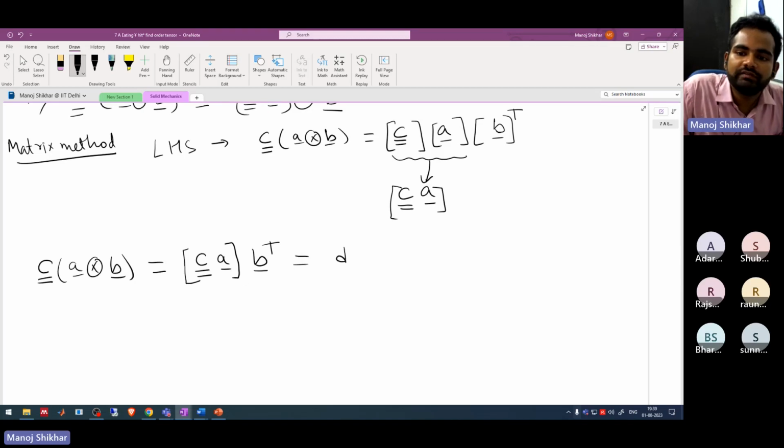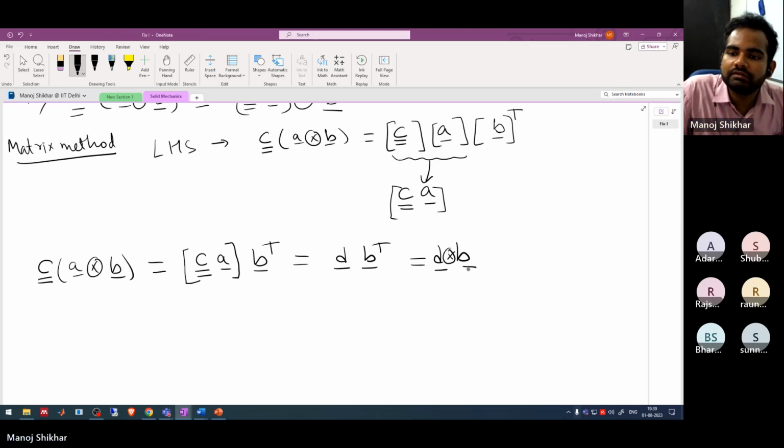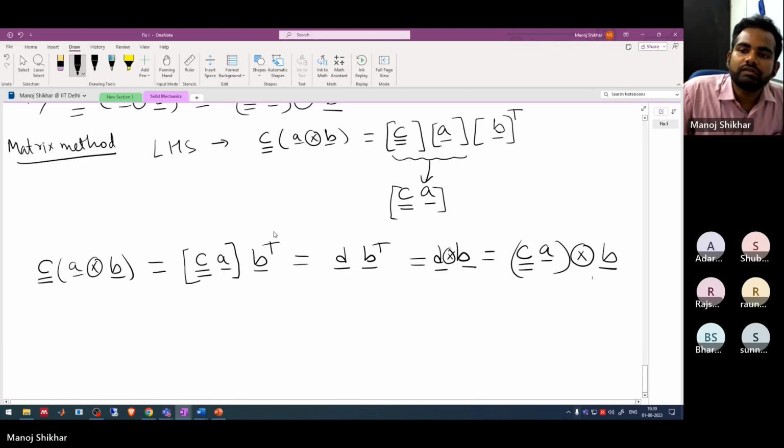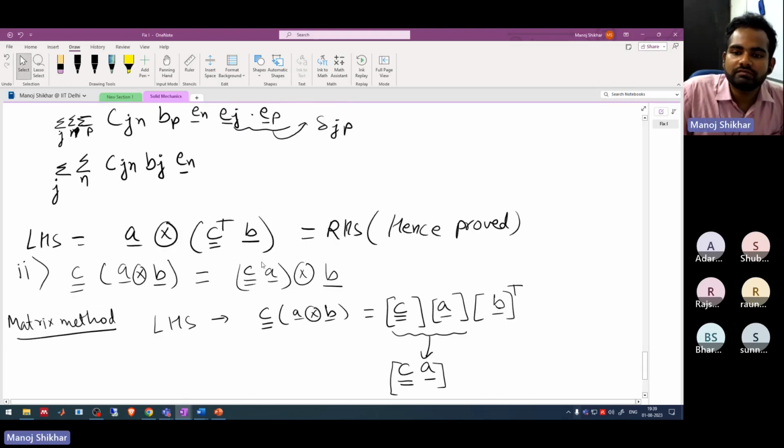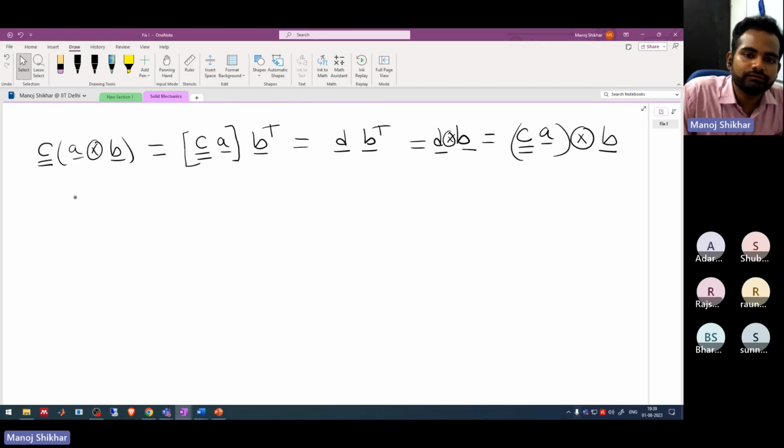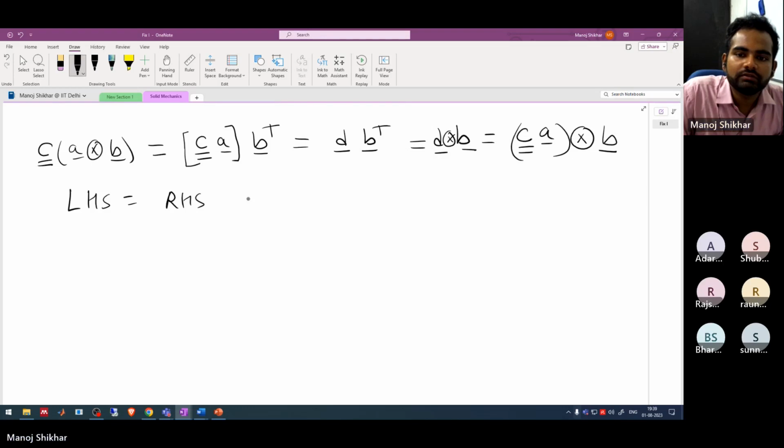Let us assume it's a D vector. So DB transpose, what will it be? D dyadic B. So we replace D by CA. So what we will get? You can see this is equal to RHS, what we have to prove. So LHS equal to RHS, hence proved.